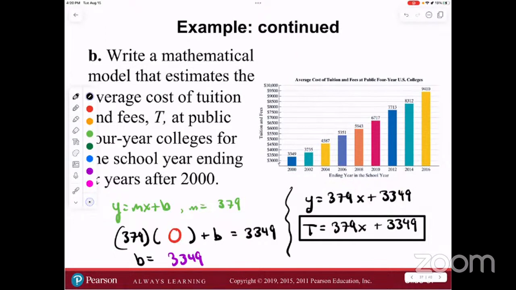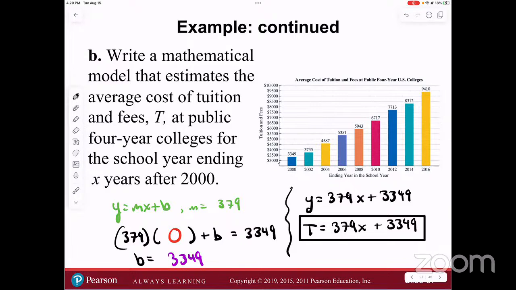Let me see. So write a model that estimates the average cost of tuition at a public four-year institution for x years after the year 2000, right? So again, we went back, you see in red on the left-hand side, instead of putting the year 2000, we let the year 2000 be year 0, and that adjusted our model.